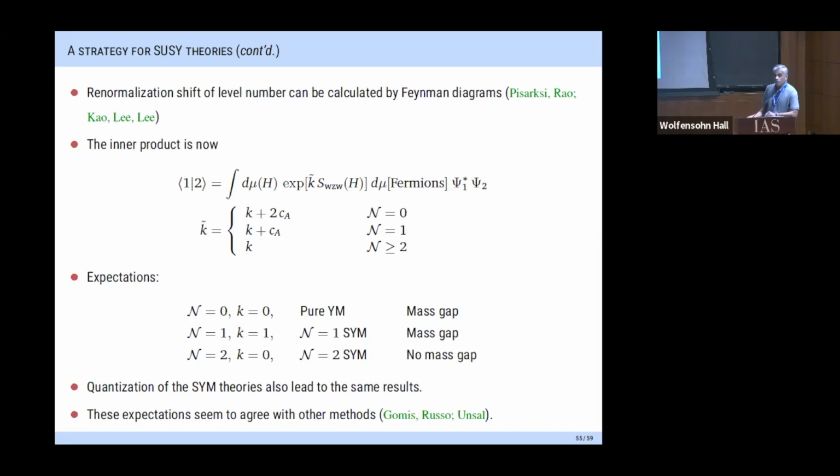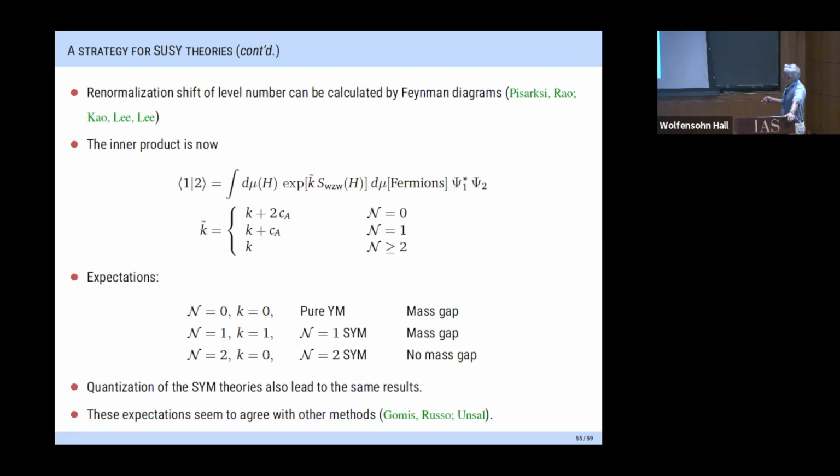Okay, so we would therefore conclude that the n equal to 1 super Yang-Mills theory should have a mass gap. Of course, I cannot quite put K equal to 0 for the n equal to 1 theory because there is a certain parity anomaly and so on. Therefore, the lowest K value I can choose to make a theory consistent with n equal to 1 supersymmetry is K equals 1. So that theory has a mass gap.